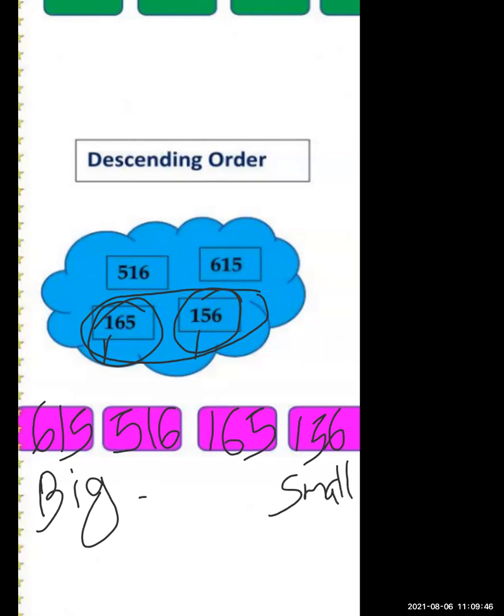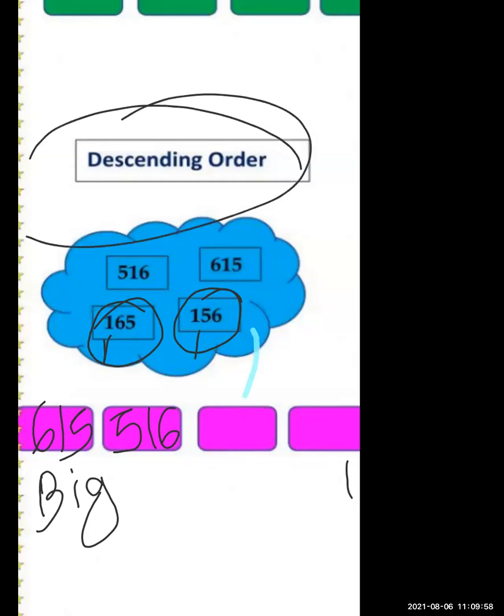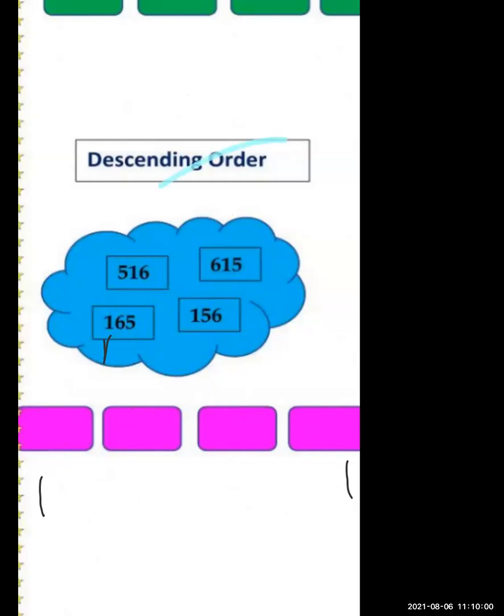So for arranging in the descending order, we should start from the big number and end towards the small number. It is called arranging in descending order. So I hope everyone understands arranging the ascending and descending order. Okay. Everyone understand? If you understand, please give me a thumb.